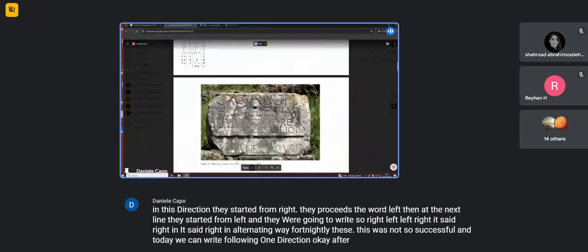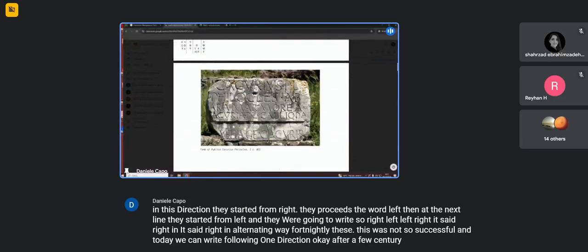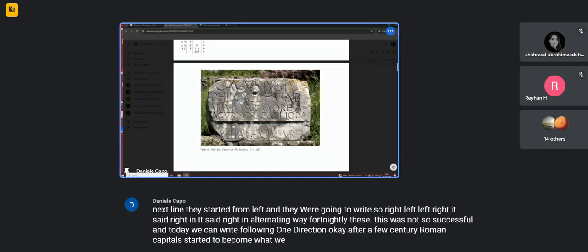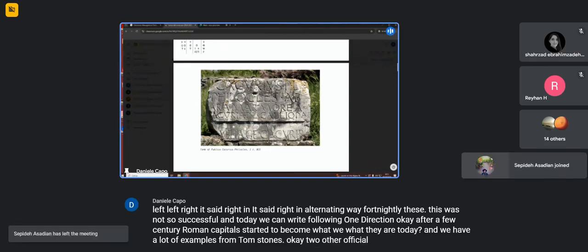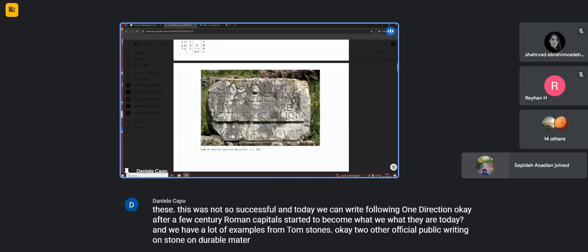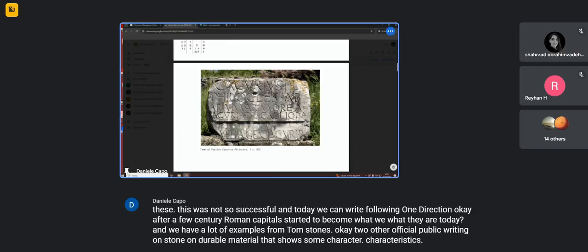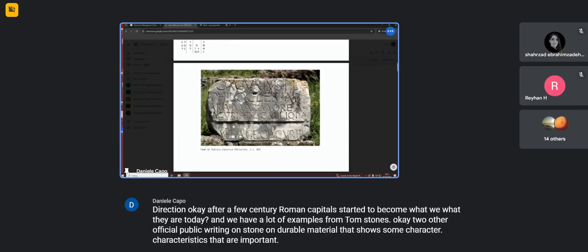After a few centuries, Roman capitals started to become what they are today. We have a lot of examples from tombstones to other official public writing on stone, on durable material, that show some characteristics that are important to us.